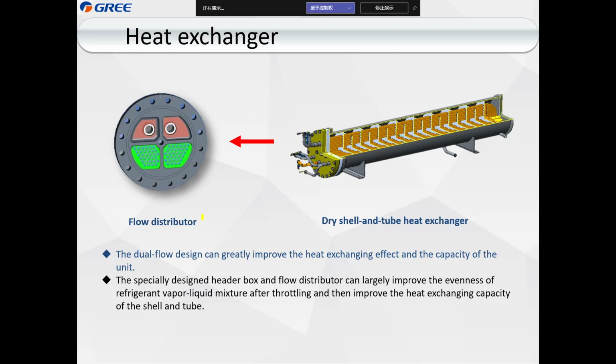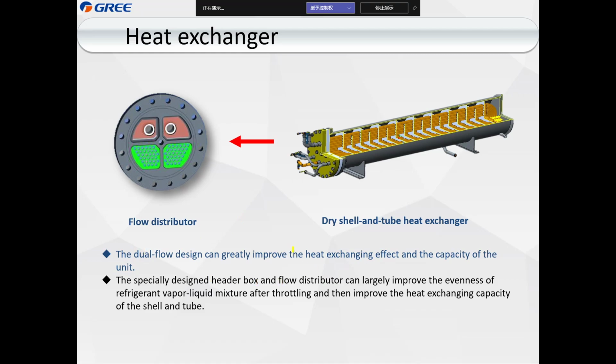For the heat exchanger, we adopted a double flow heat exchanger. You see the flow distributor is like this. We separate two flows, and the dual flow design can greatly improve the heat exchanging effect and the capacity of the unit.